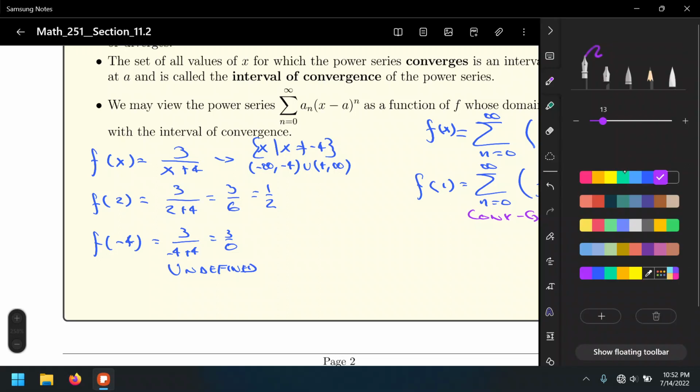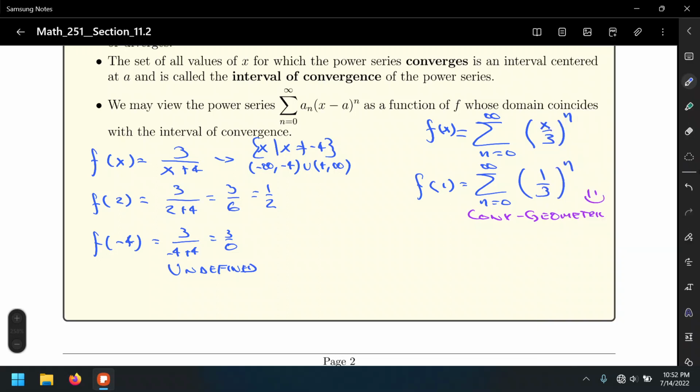Now, on the other hand, what about f of 5? In the place of x, I'm going to plug in the value x equals 5. So 5 over 3 to the n.